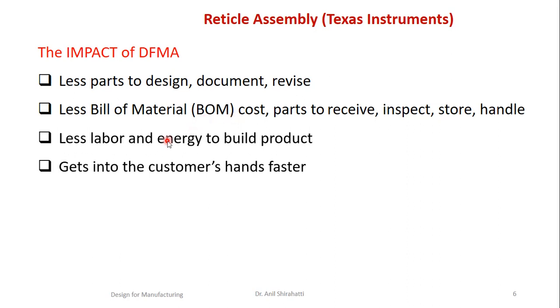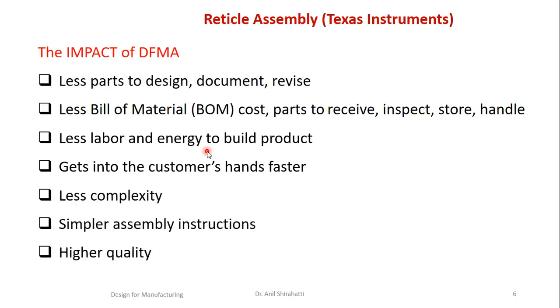Next is less labor and energy to build the product. Okay, as the number of parts is less, it gets into the customer's hand faster because it is faster to manufacture and faster to assemble. And next, complexity is heavily reduced, which again decreases the time for assembly or manufacturing.